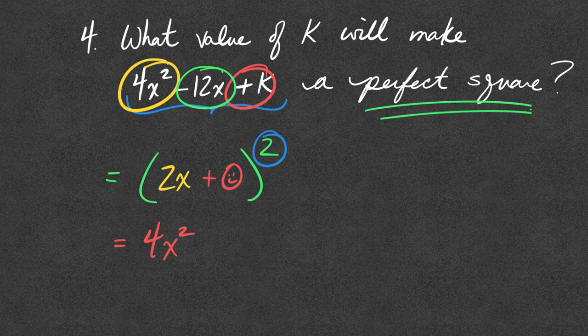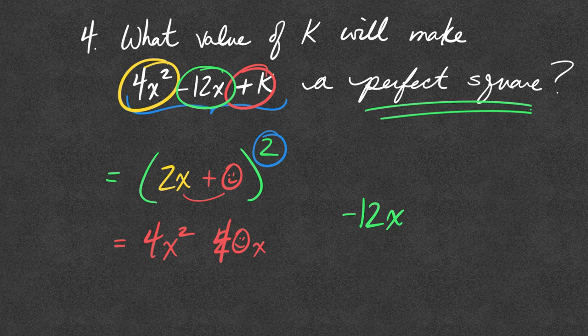You would then multiply those two together and double it, so you get 2 happy faces times x, doubled, which gives 4 happy face x's. Notice that the middle term, negative 12x, is something doubled.